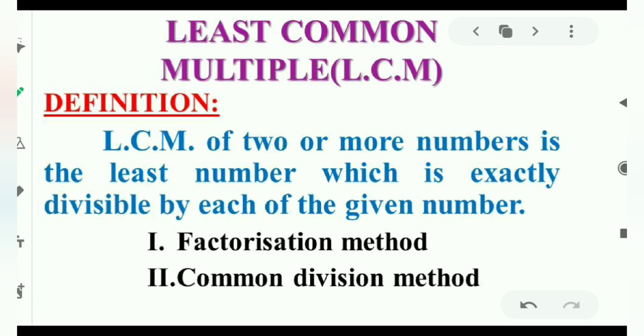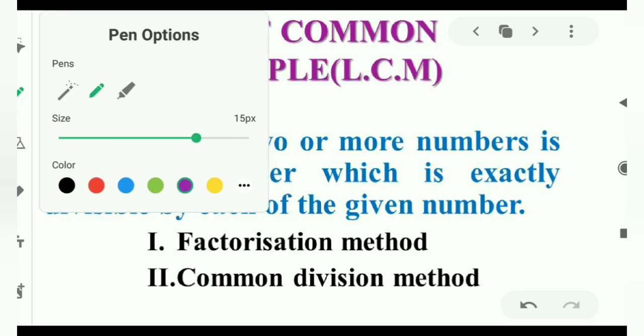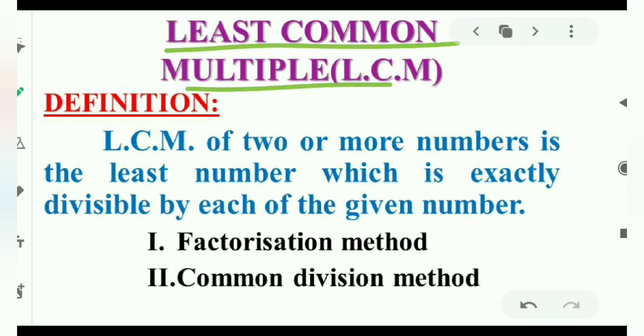LCM, least common multiple. Are you all ready to learn a new concept? Good. Let's read the definition quickly. Are you all ready? Good. Let's read. LCM of 2 or more numbers is the least number which is exactly divisible by each of the given numbers. Let's read it one more time.